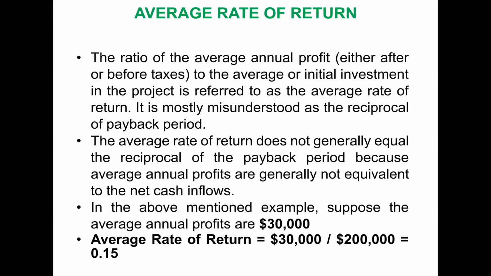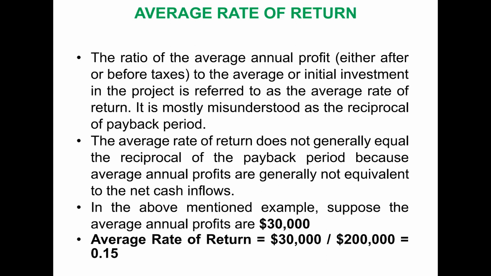What about the average rate of return? Now, the ratio of the average annual profit to the average or initial investment in the project is referred to as the average rate of return. It is mostly understood as the reciprocal of the payback period. However, the average rate of return does not generally equal the reciprocal of the payback period, because average annual profits are generally not equivalent to the net cash inflows.